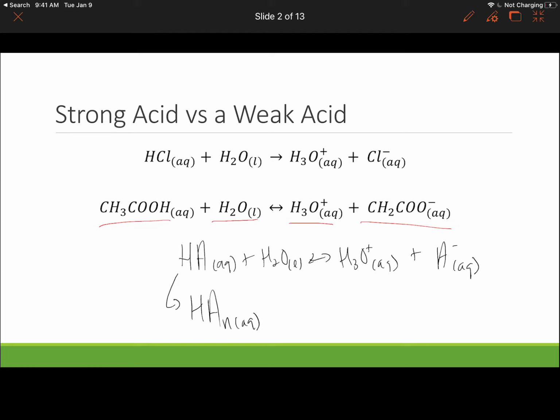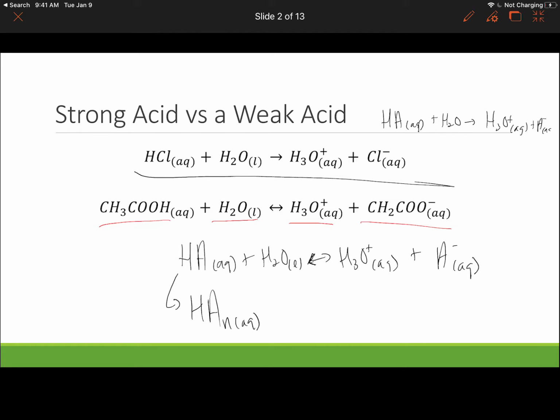So our weak acid will partially dissociate, which is why we have an equilibrium arrow. This is going to be different from a strong acid, where we take our HA plus our water, and we have a full dissociation to hydronium and our A-.